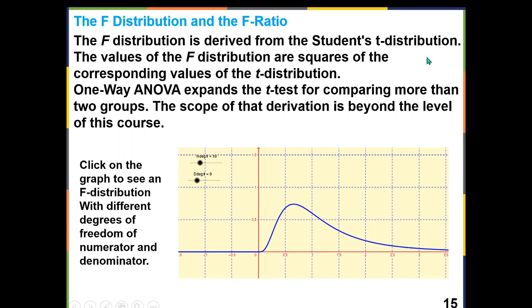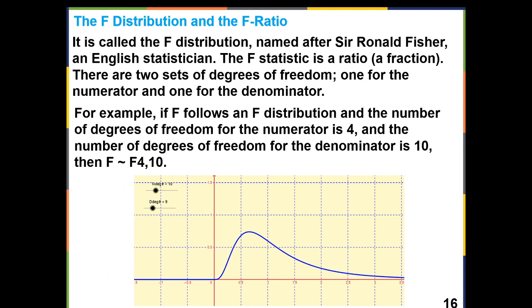So the one-way ANOVA table expands the t-test for comparing more than two groups, or two or more groups. The scope of that derivation is beyond the level of this course, and we already talked about that. All right. So it is called the F distribution, named after Sir Ronald Fisher, Dr. Fisher, who was a statistician and a chain smoker who actually fought against the scientific understanding of smoking and the idea that it causes cancer.